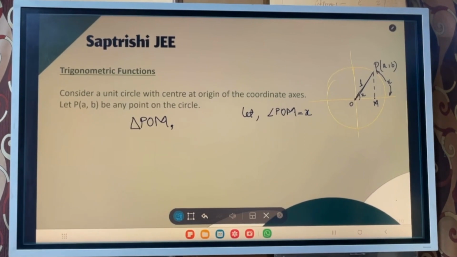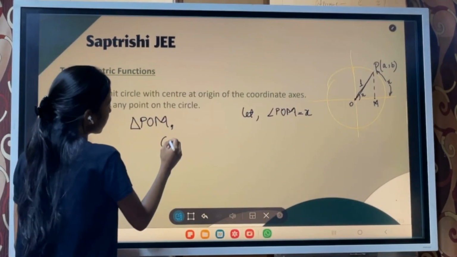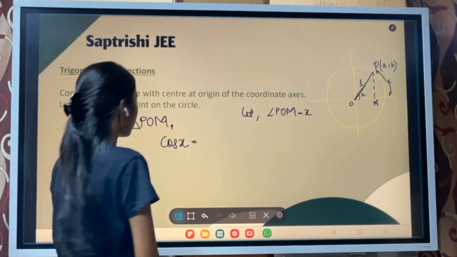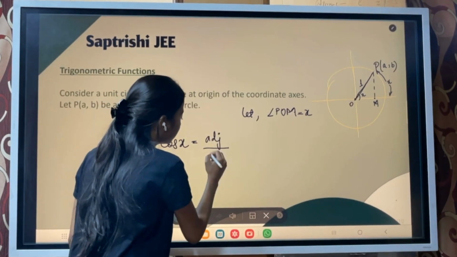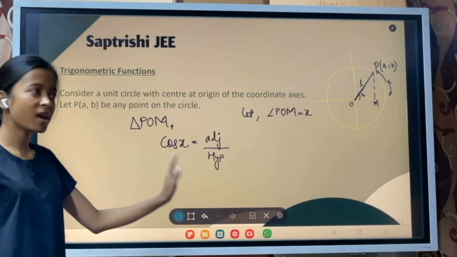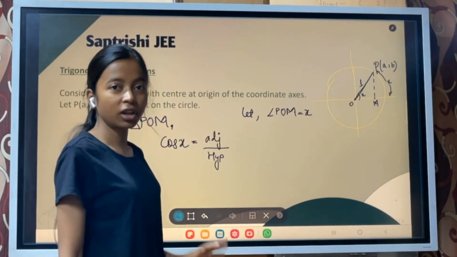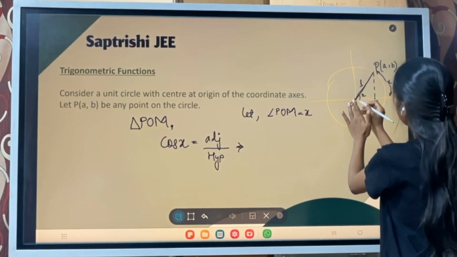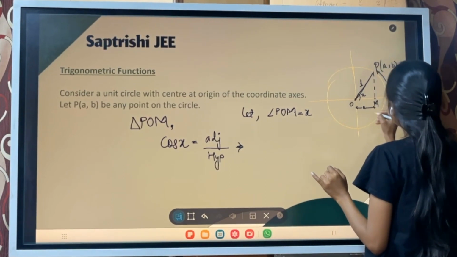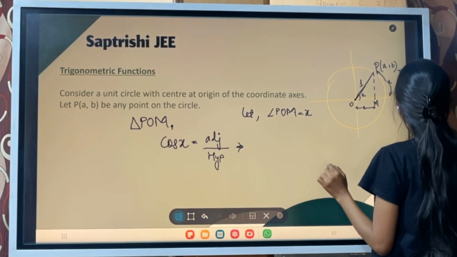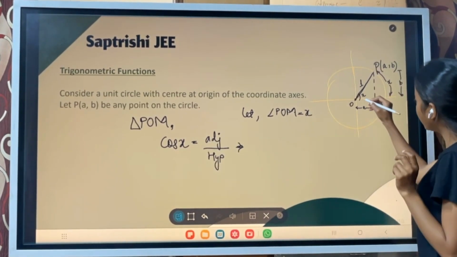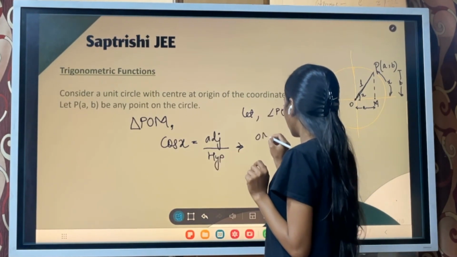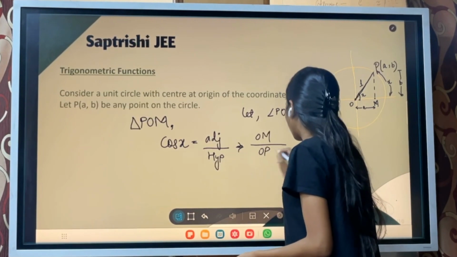In this triangle POM, let's find the value of cos x. Try it. Cos x is equals to adjacent by hypotenuse. We learned this basically in 10th. Here P is (A, B), so this value is A and this value is B. With respect to this angle, adjacent is OM and hypotenuse is OP.